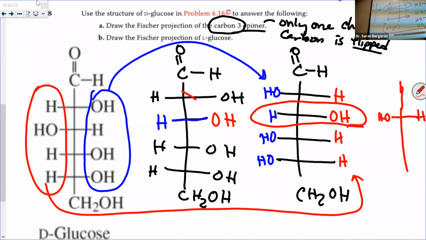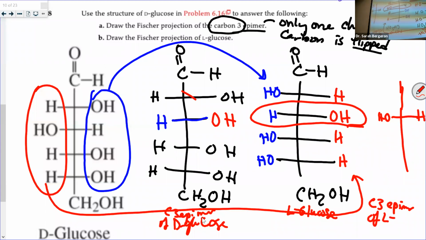Yeah? So this one, I don't have room to write, but this is L-glucose. This is the carbon-3 epimer of D-glucose. And then over here it would be the carbon-3 epimer of L-glucose, right?